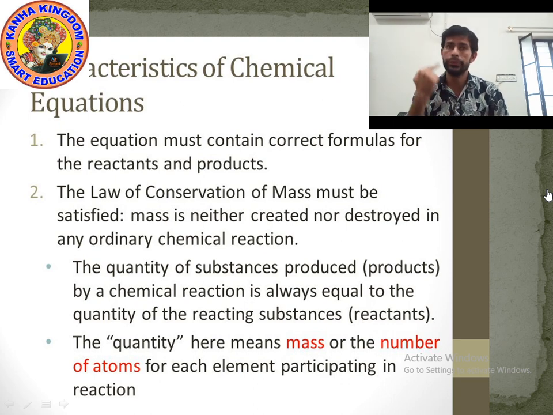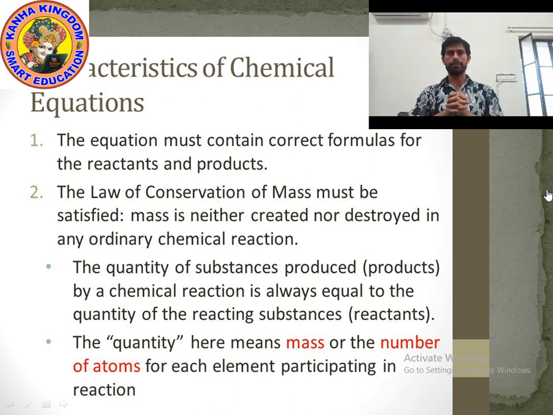Characteristic number 2: the law of conservation of mass must be satisfied. How can it be satisfied? If the atoms of reactants are equal to the atoms of products, then the law of conservation of mass is satisfied.